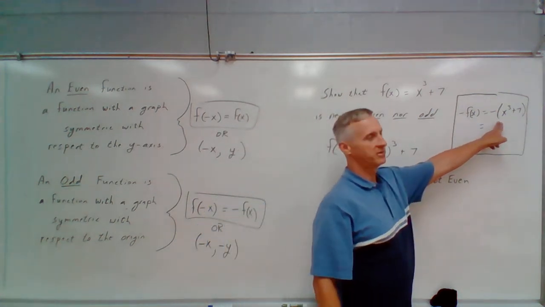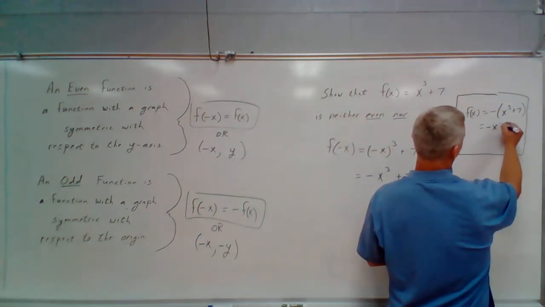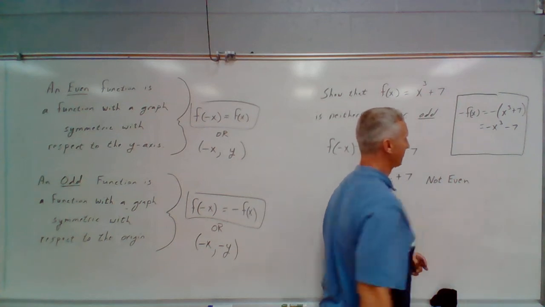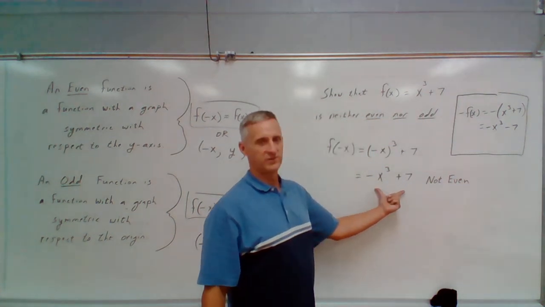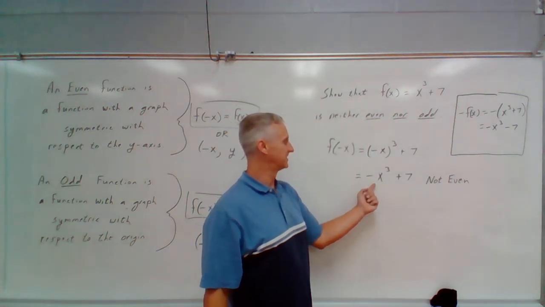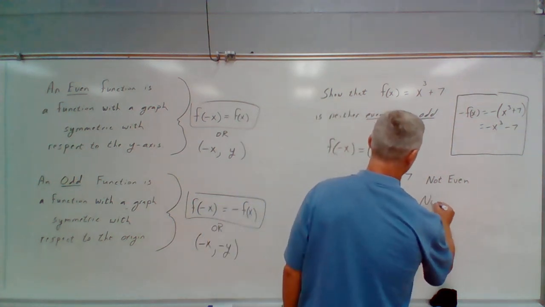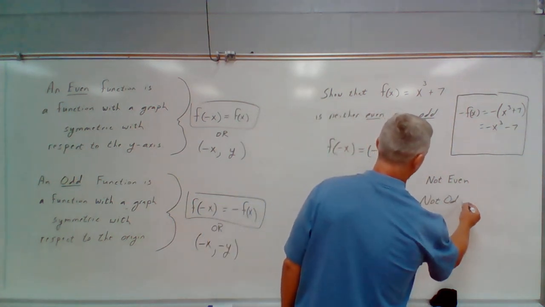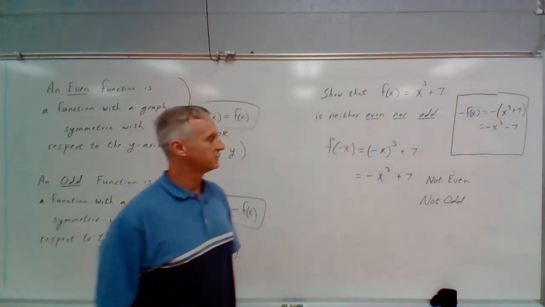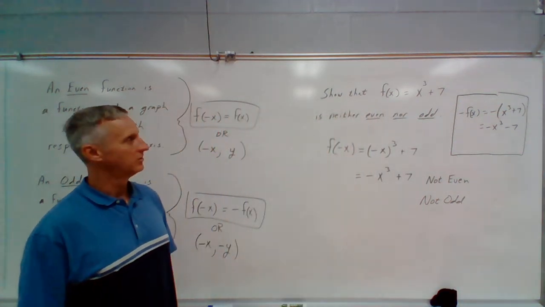But then I can distribute that negative sign, and I'll get negative x to the third minus 7. Well, that's not it either. And this is negative x to the third plus 7. So it's not odd either. So that function is not even or odd.